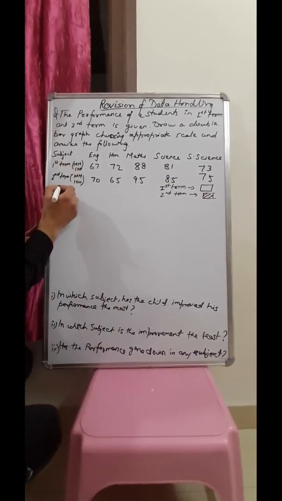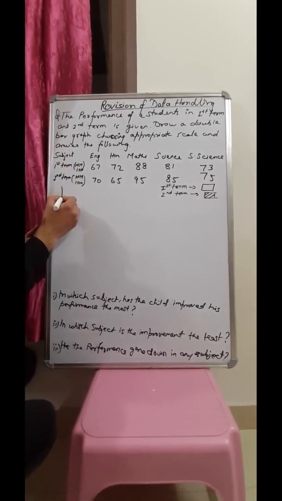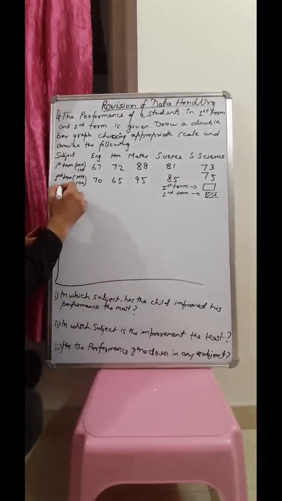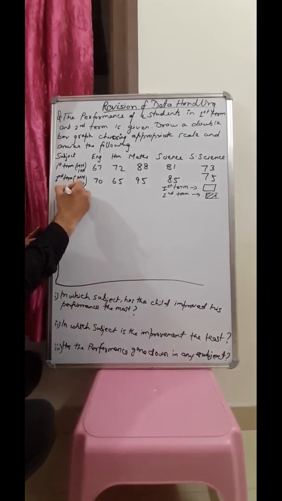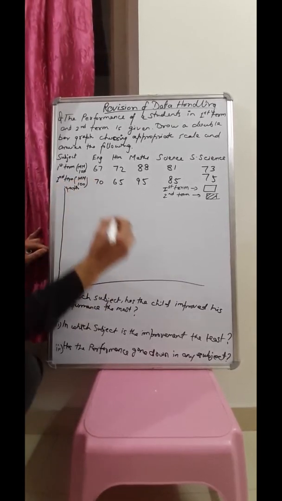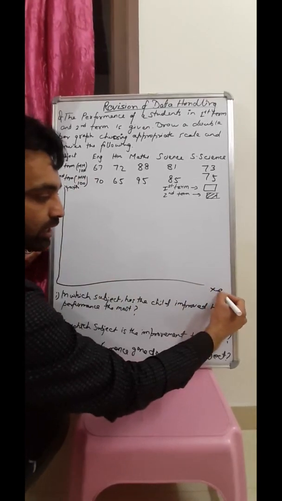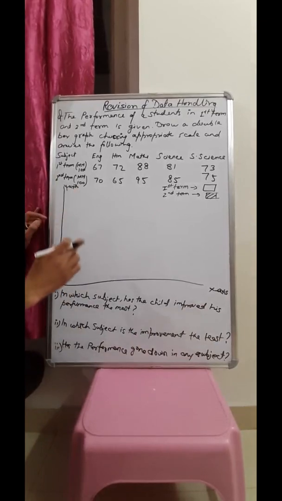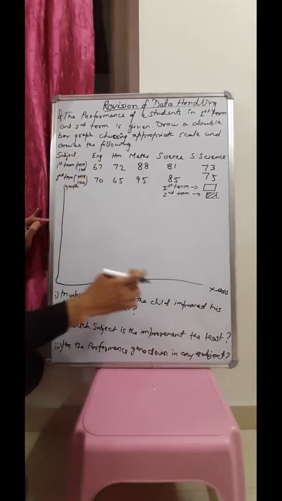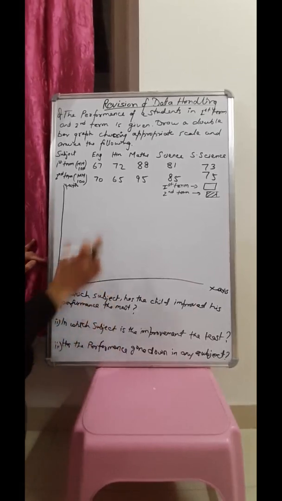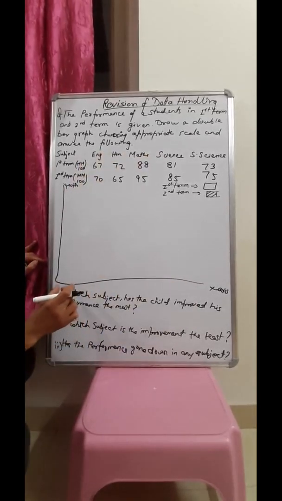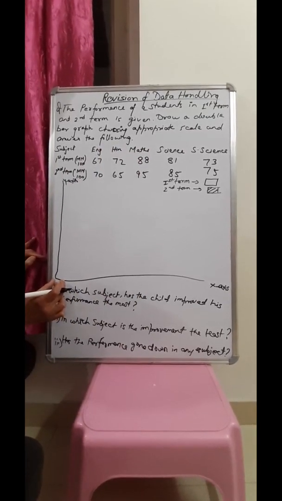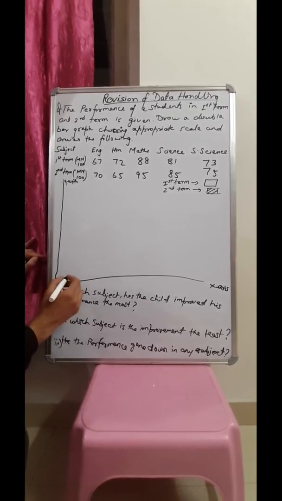So we all know that there are two axes. This axis is called your y-axis, and this axis is called your x-axis. We are going to plot the subject names on the x-axis, and while putting the names on the x-axis you are going to leave a gap of one block of your graph.